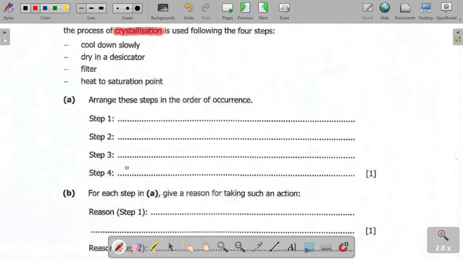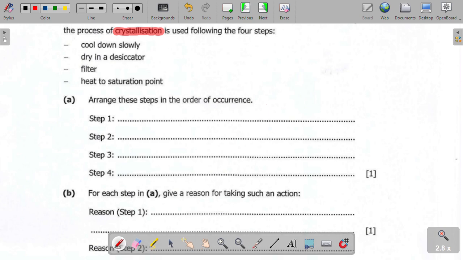So the question reads, arrange these steps in order of occurrence. The steps we must follow are a logical sequence that transitions the substance from a liquid state to a solid crystalline form.